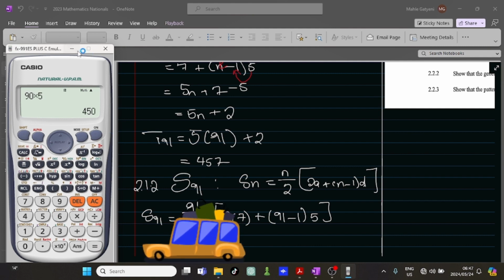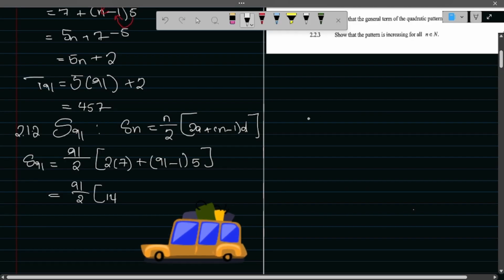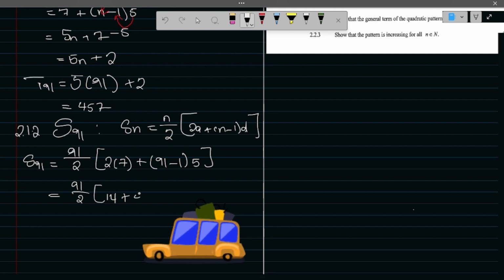Yes, 90 times 5 is 450. So this is going to be 14 plus 450, which is 464.